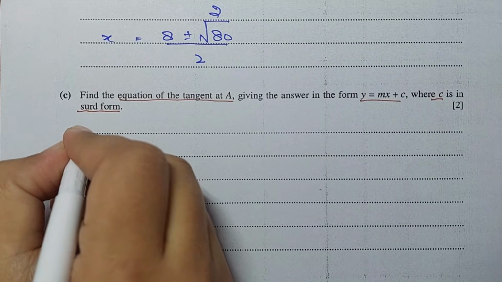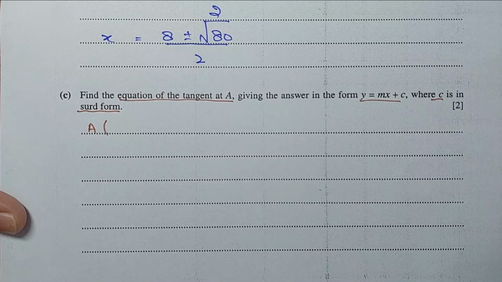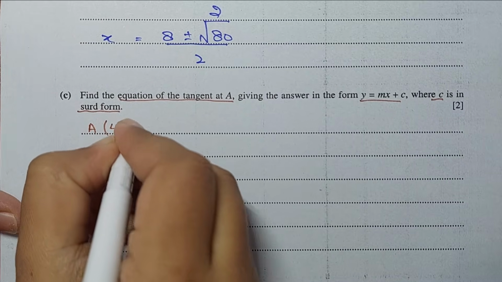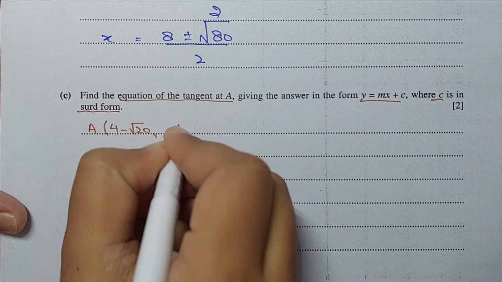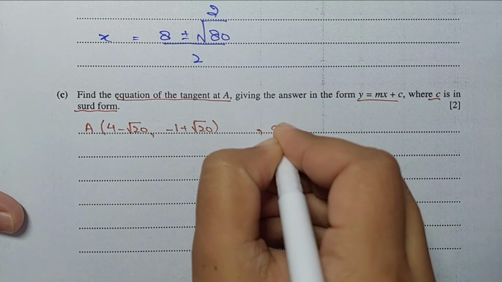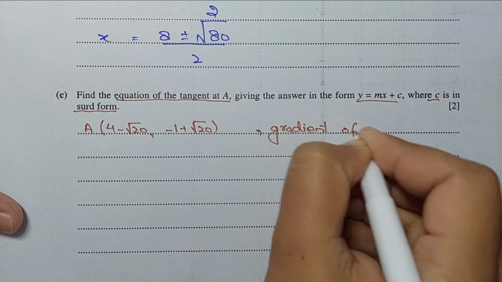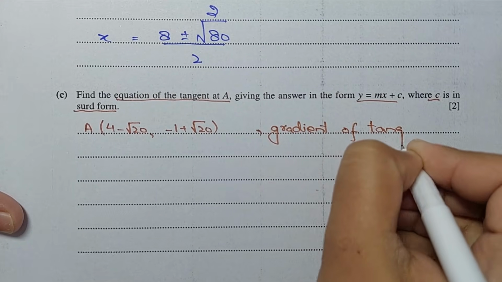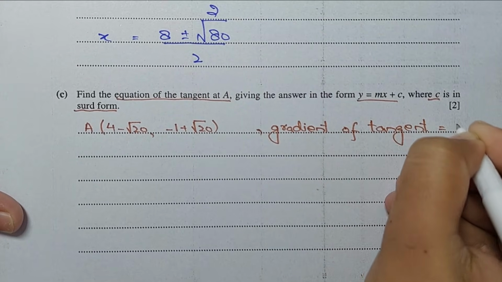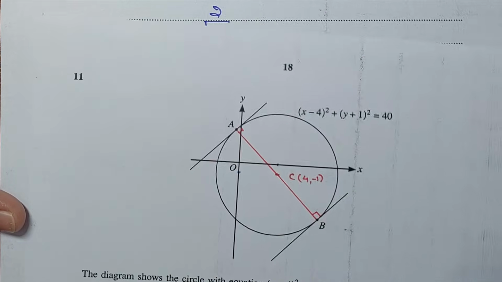For the coordinates of A, let me write it down: 4 minus root 20 and minus 1 plus root 20. We need to find the gradient of the tangent at A, which is given in the question. It is given to us that the gradient of the tangent is 1.